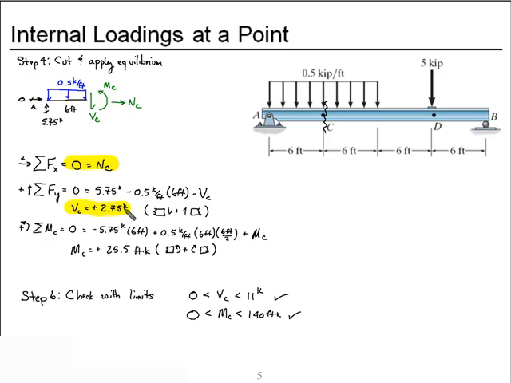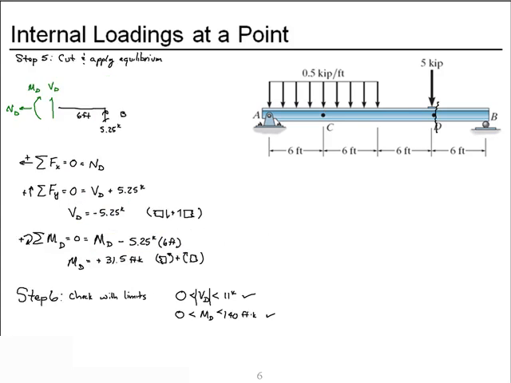The shear was 2 3/4, and the moment was 25.5 foot kips. We then checked it with our limits. We were well within our limits, and as expected, the shear and moment were well below the upper limits. So we have reasonable confidence that these are reliable numbers.